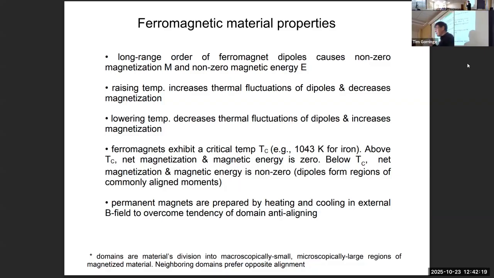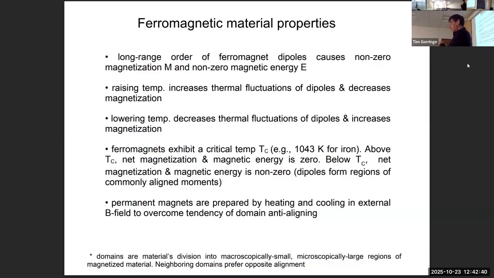And between those two regions, where the dipole moments of the ferromagnetic material tend to line up, and where the dipole moments tend to be randomly directed, is a critical temperature.